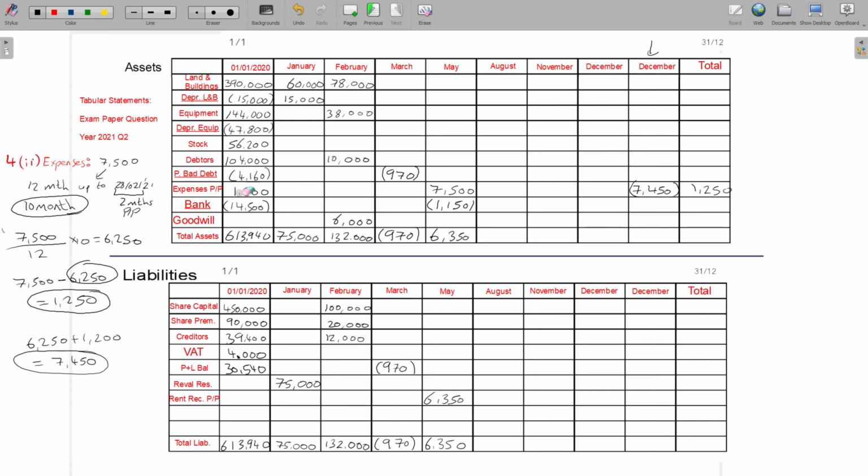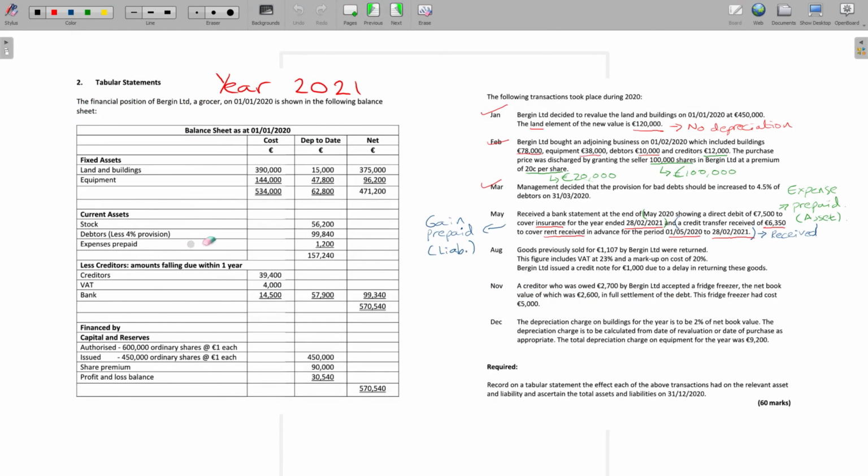This 1,200 has to be used up this year, because if it's an expense prepaid, then it's going to have to be paid this year. Because even if you look at it in the question, it says less creditors, amounts falling due within 1 year. It would be the equivalent for current assets. We know that a current asset only lasts a year, generally, we say. So the expenses prepaid is only up to a year.